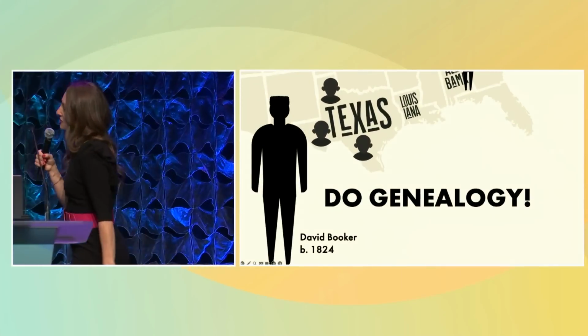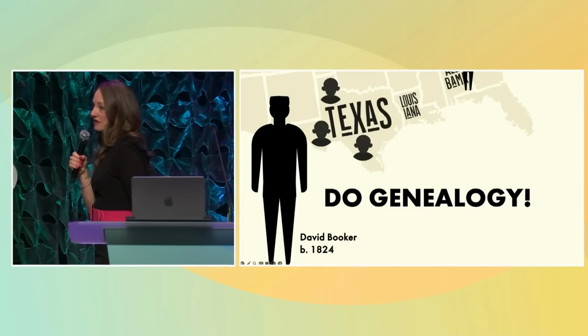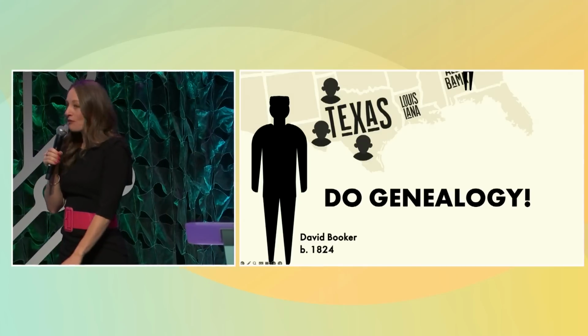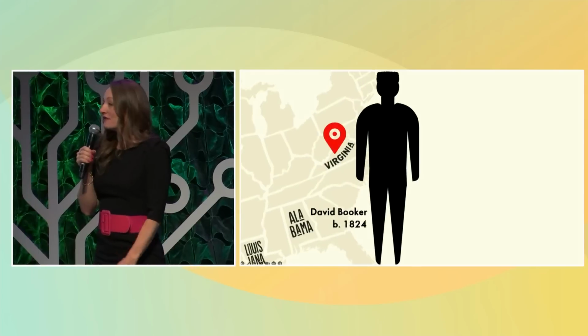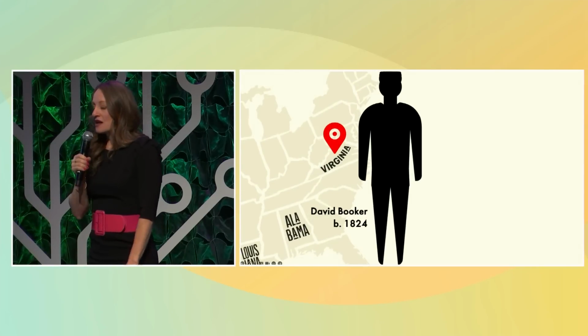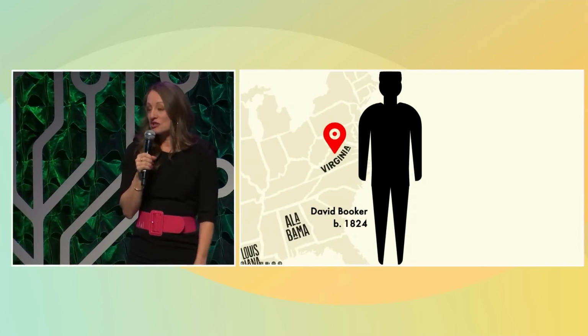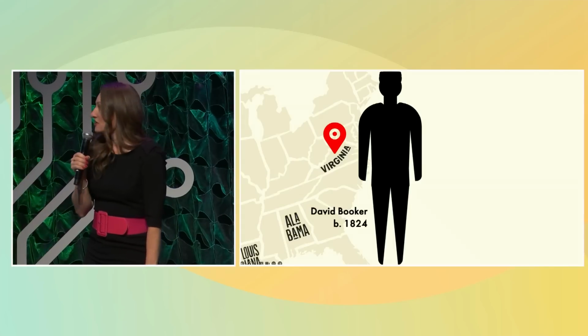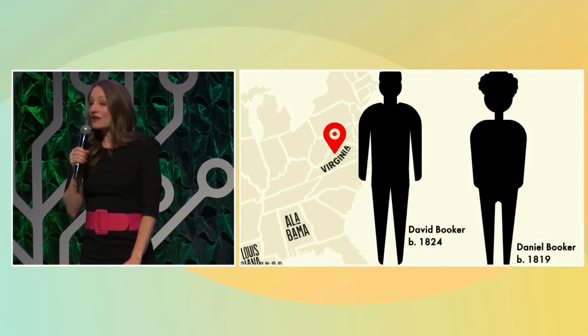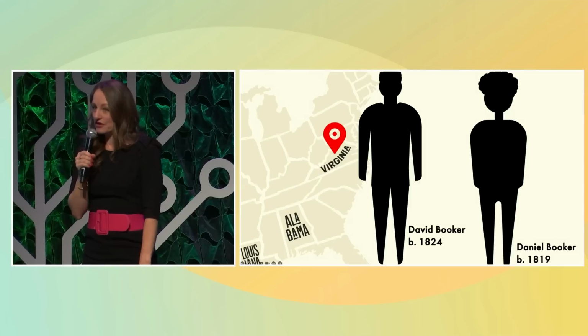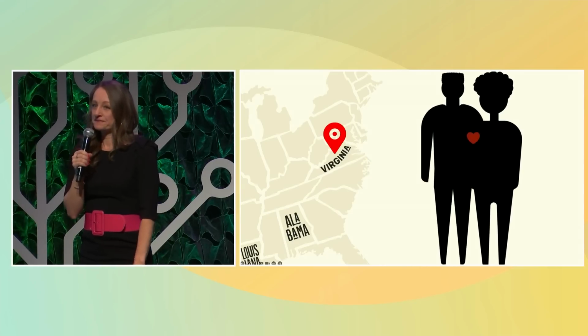Their common ancestor's name was David Booker, born 1824. But he was also born in Virginia. So by doing genealogy and with the help of other DNA matches, she was able to determine that David Booker and her ancestor, Daniel Booker, were brothers.